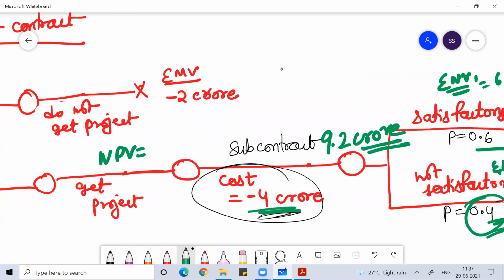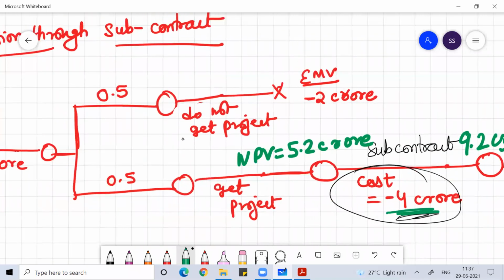Your NPV will be 5.2 crore. Anyone, any doubt? 9.2 crore minus 4 crore, so your NPV would be 5.2 crore. Clear everyone?